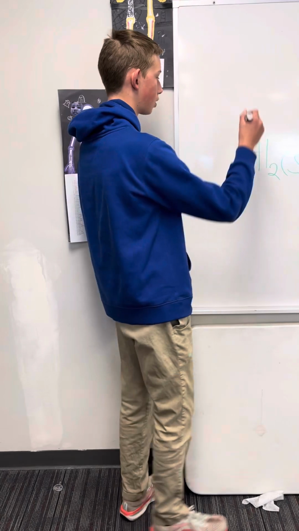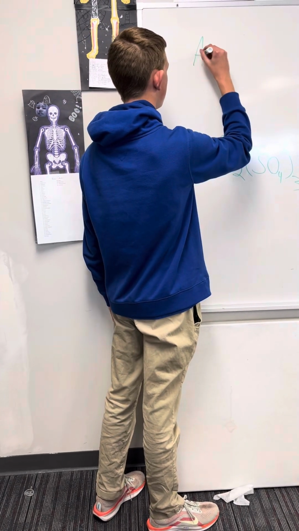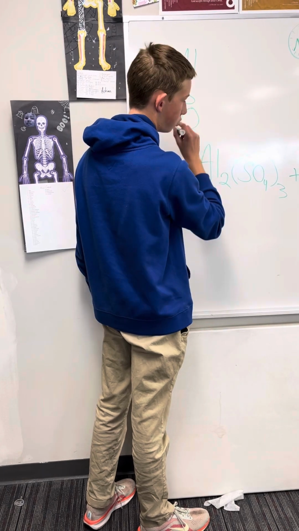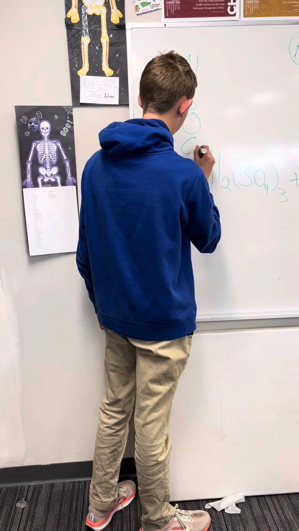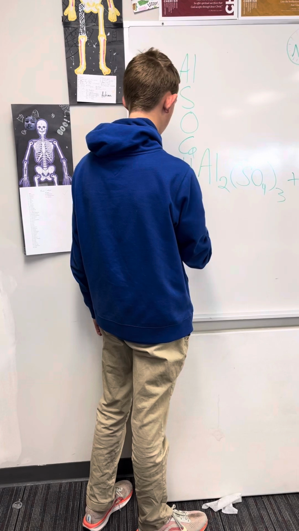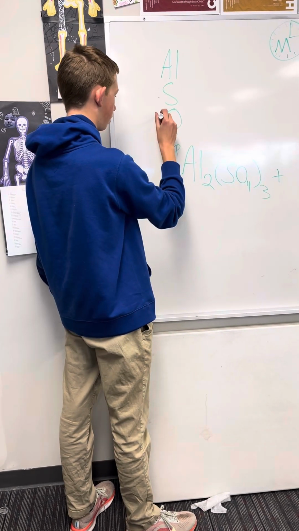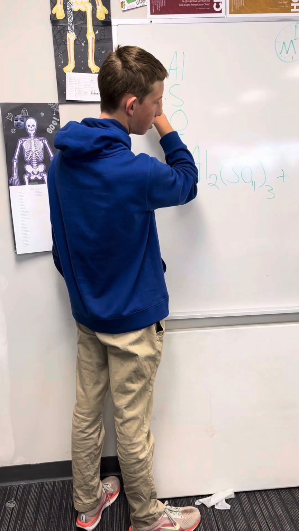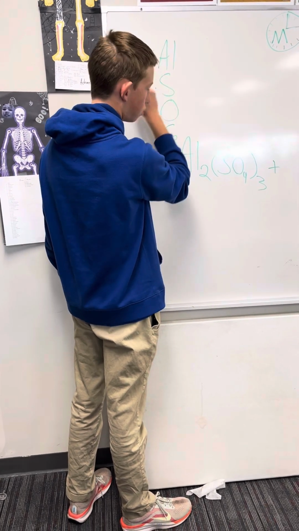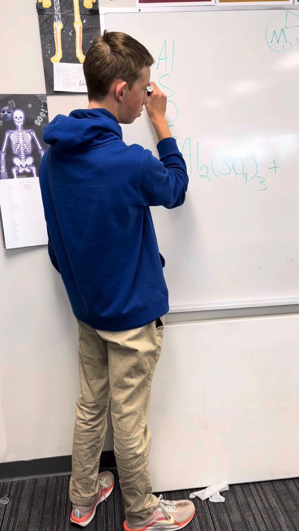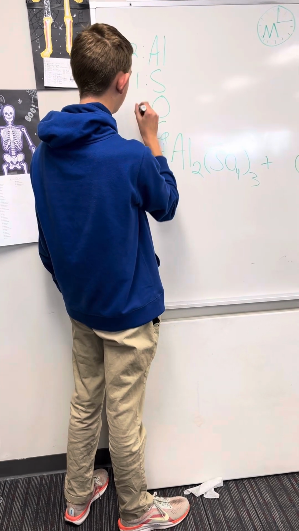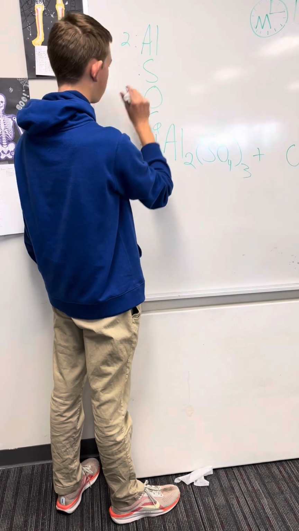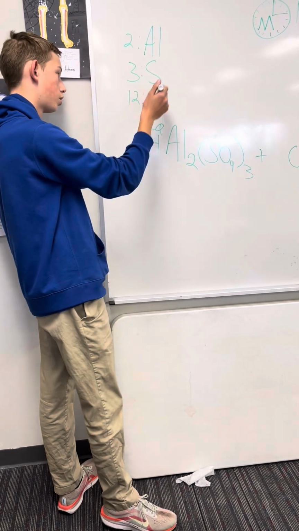So we have aluminum on this side, sodium, oxygen, calcium, and hydrogen. I'm gonna write the numbers on this side. This is a 3. Why is this a 3 and this is a 12?